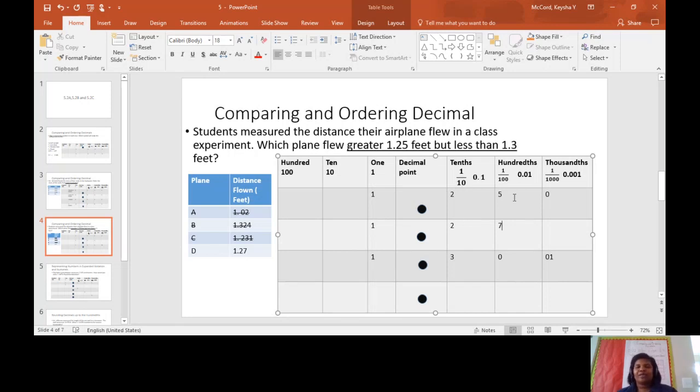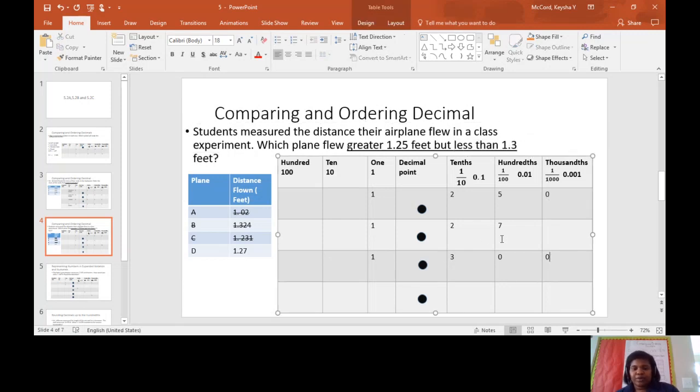So I need to move over. 5 and 7. Well, I know 7 is greater than 5. So that means this plane flew further than my question asked, 1 and 25 hundredths.